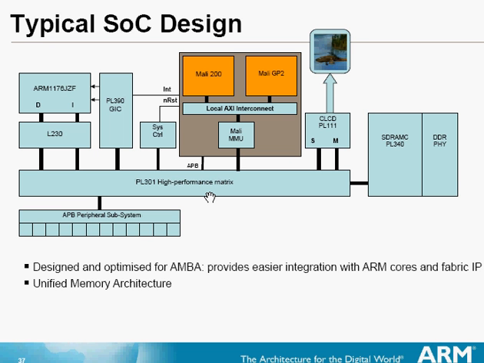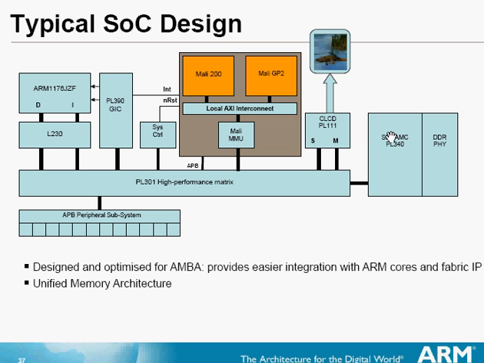As we saw in the last slide, we have AMBA AXI and AMBA APB interfaces. Here is our reset signal, which would be under software control of the processor, and here are the interrupt outputs, which are routed to the system interrupt controller, which in this case is another PrimeCell called PL390.